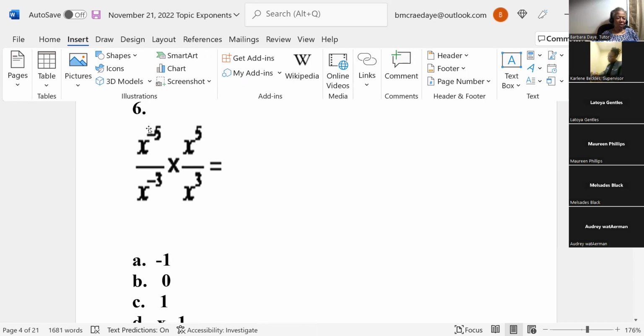This is a fraction, or a division. You do the division, you have 2 divisions, and then you multiply the results of the division.